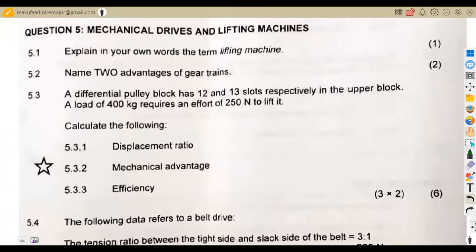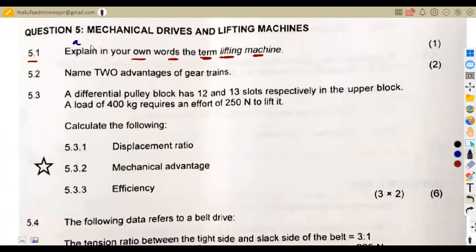All right, then we are given the other part now to explain in your own words the term lifting machine. How do you understand the term lifting machine? What is a lifting machine? So a lifting machine, we can actually have this as a device which enables a load larger than applied effort to be raised, and that is a basic explanation that we can have there.